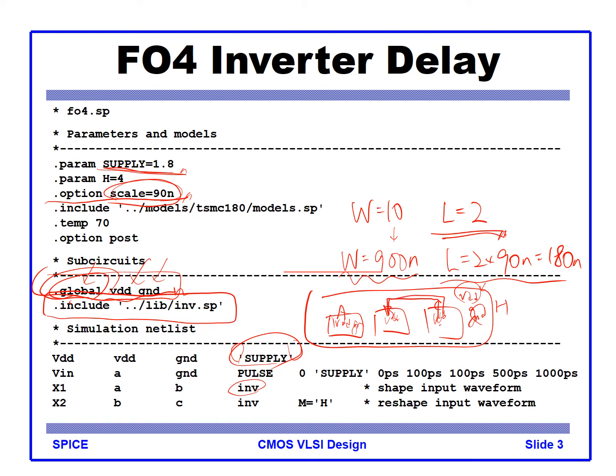You just assume that the same node name is connected. So this option can easily be used for VDD and ground, because VDD and ground are common for all the circuit in most cases. So we can define the global keyword like this. Okay.